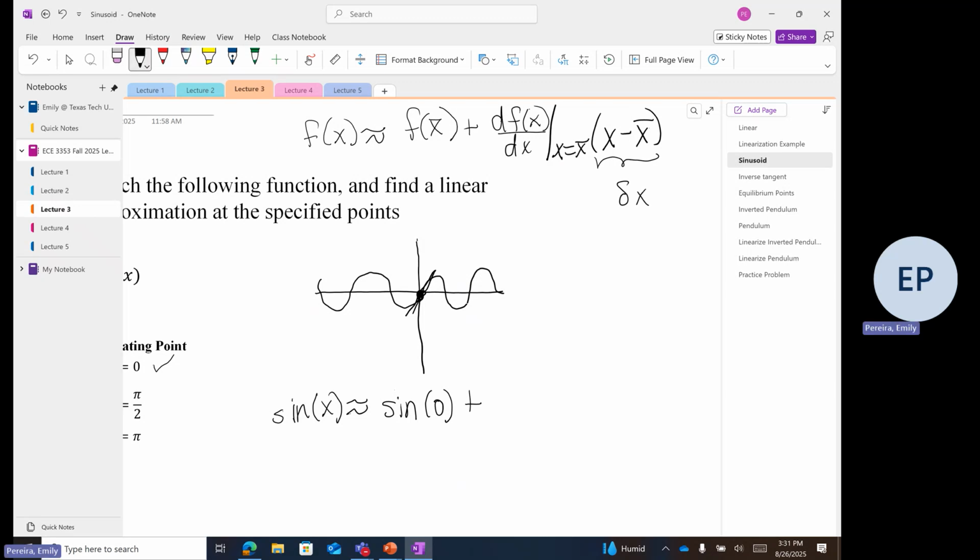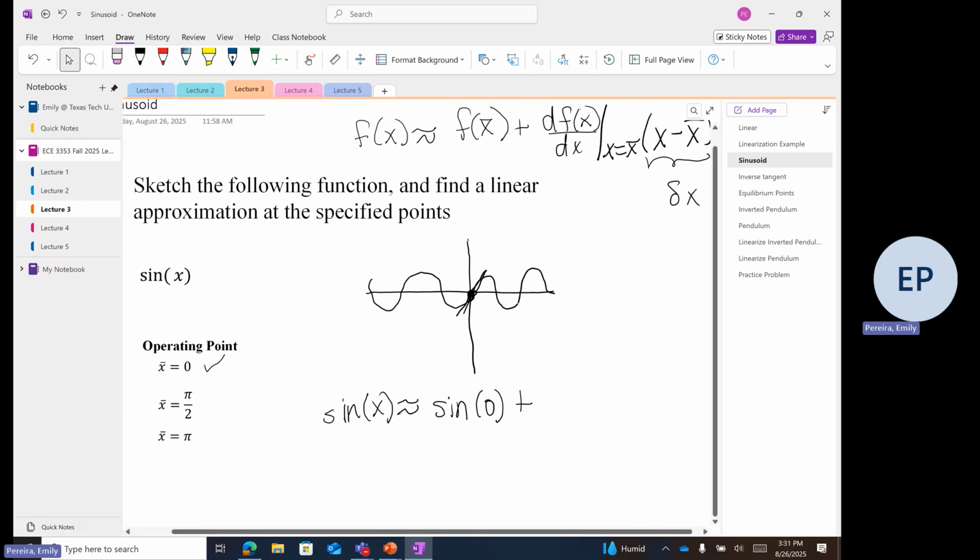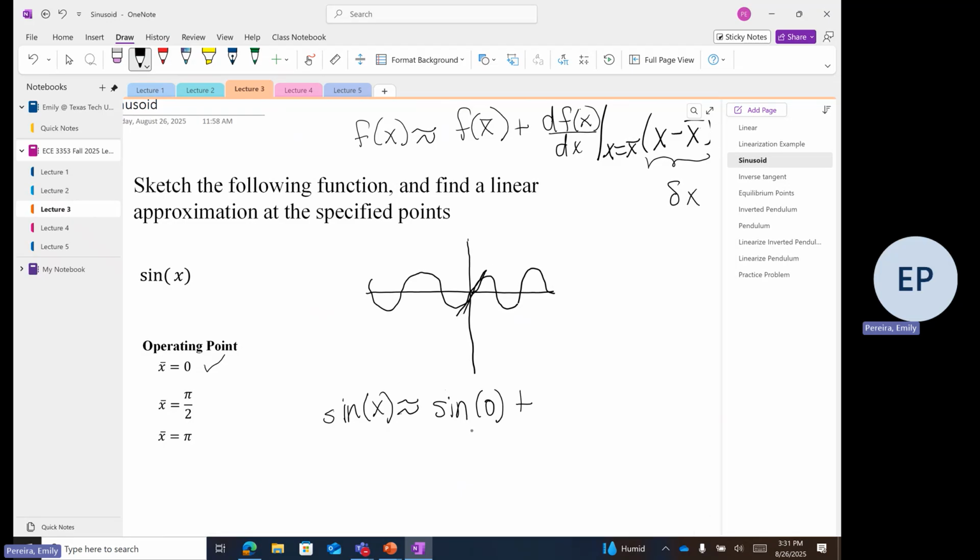There we go. So that's the equation. So we're plugging in for x bar equal to 0 to start. That's our first approximation here. So at f of x bar, it's sine of 0 plus the derivative of sine is cosine at x bar is 0 times x minus x bar.